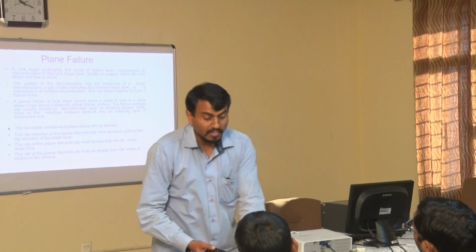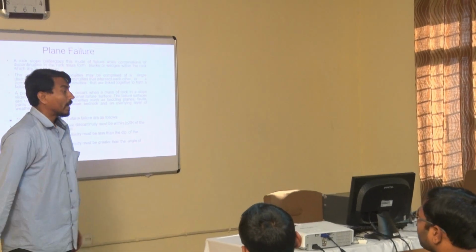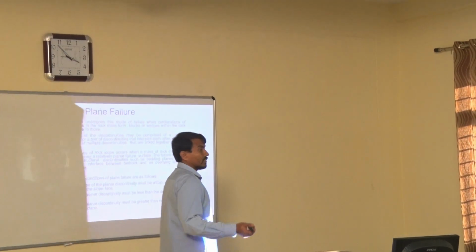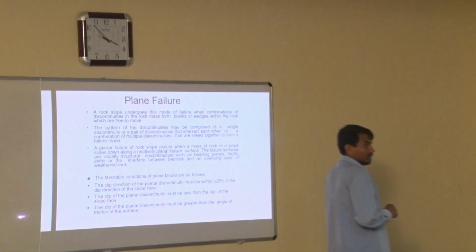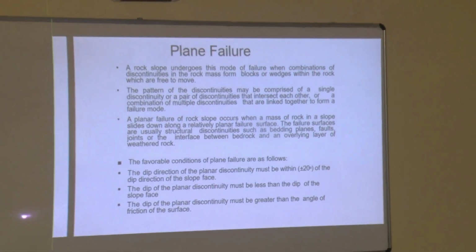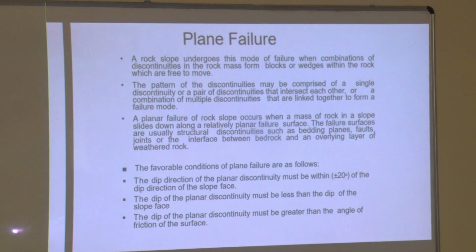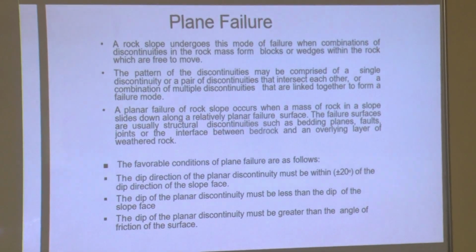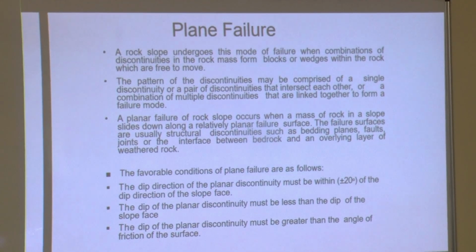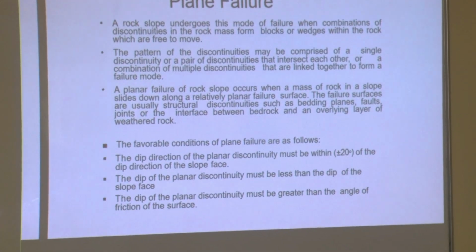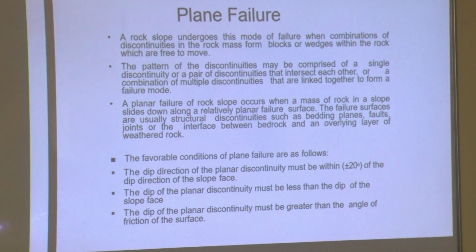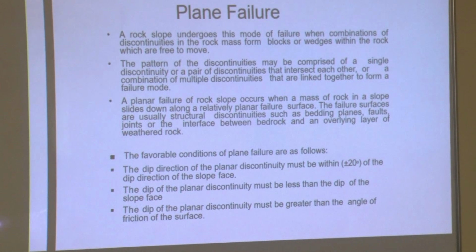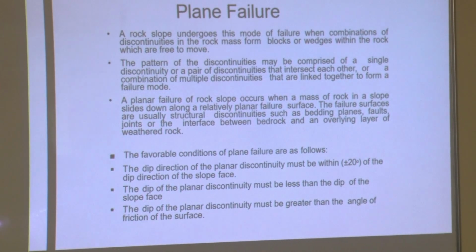So in plane failure analysis, there is no scope to accommodate this resistance. So if there is a resistance, then the type of failure will no more be categorized as plane failure. Very important consideration. That is why we do not consider plane failure for any field cases.